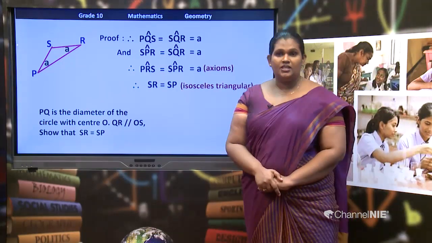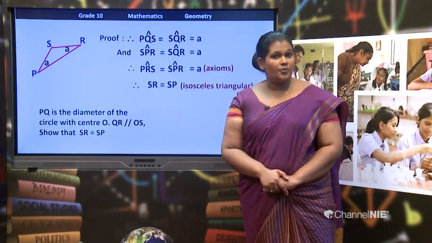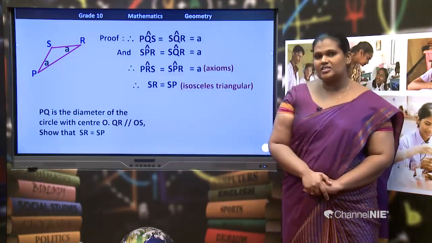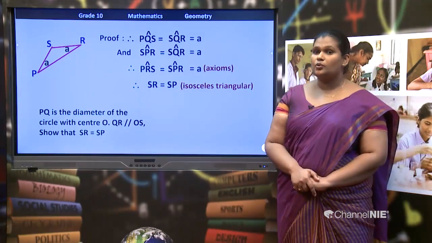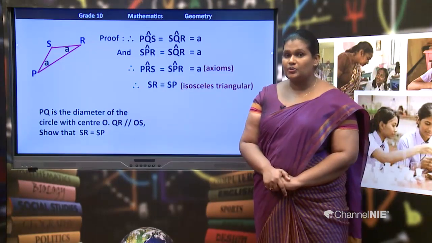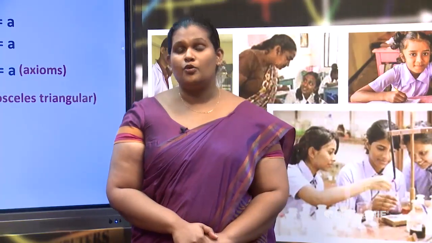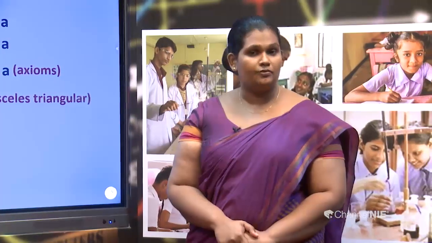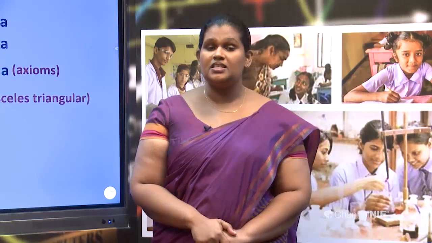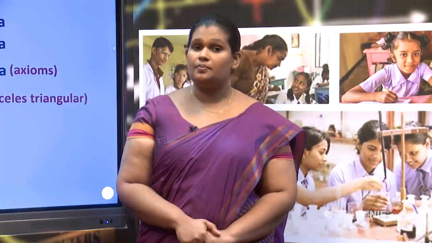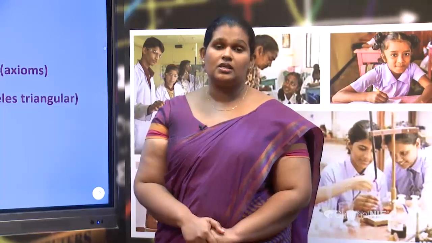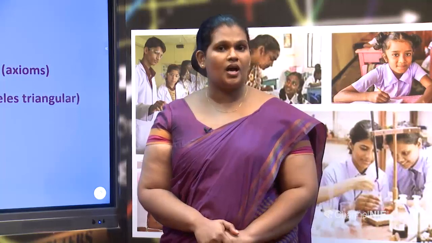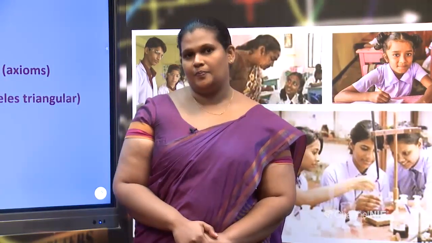Right. Now, in our previous lesson, we discussed 3 theorems. In this lesson, we have discussed some questions on those 3 theorems. So, before winding up the lesson, I'll mention the theorems we have discussed. First one is the angle subtended at the center of the circle by an arc is twice the angle subtended on the remaining part of the circle by the same arc.